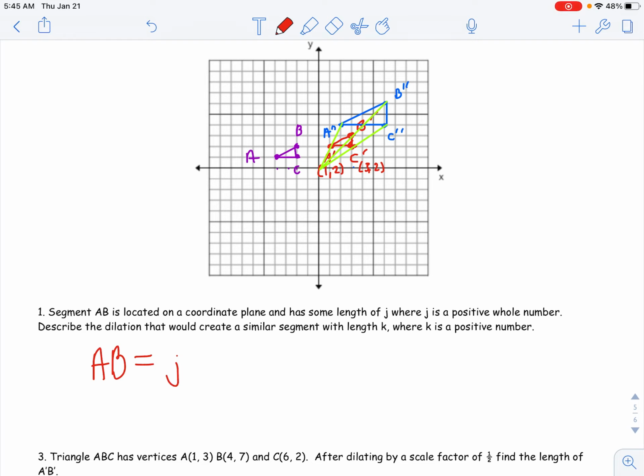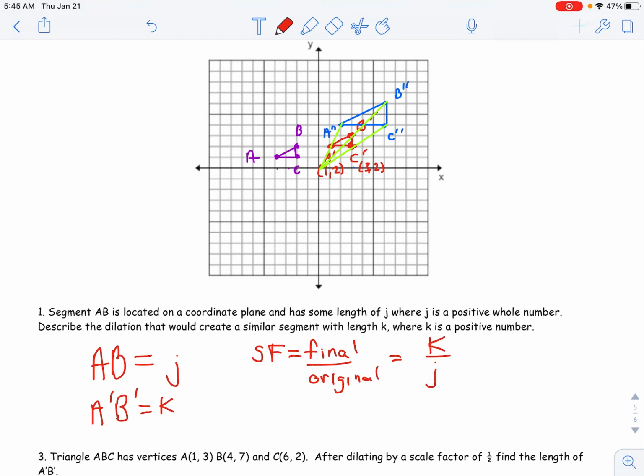Describe a dilation that would create a similar segment with length k, where k is a positive whole number. So A prime B prime has some random length of k. Alright, so remember the scale factor is final over original. That means the final length was k and the original length was j.